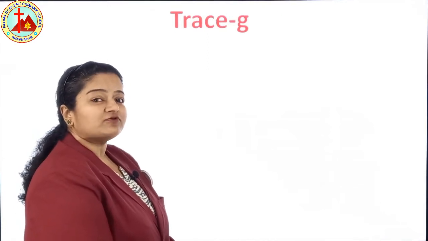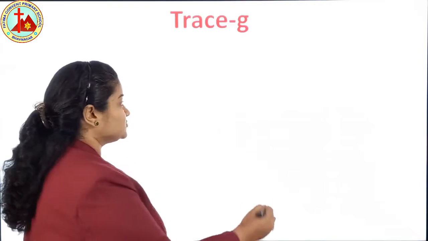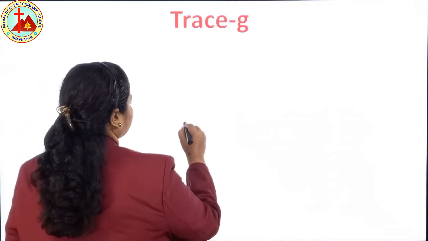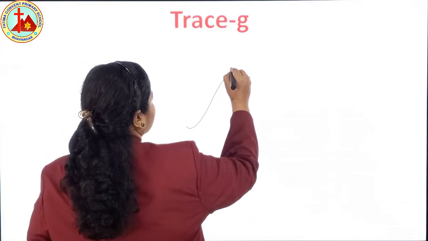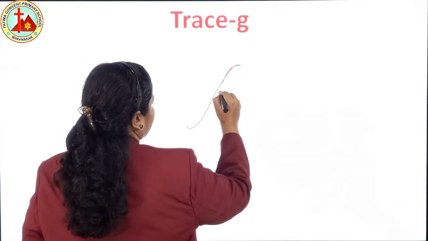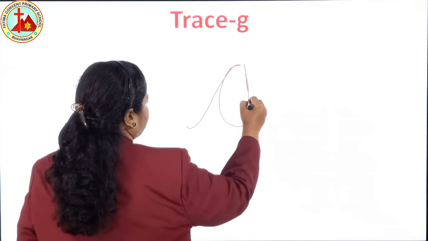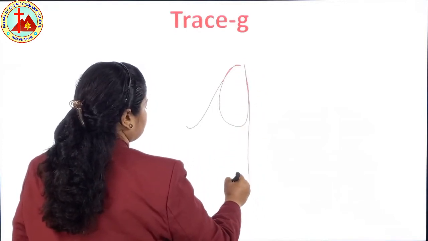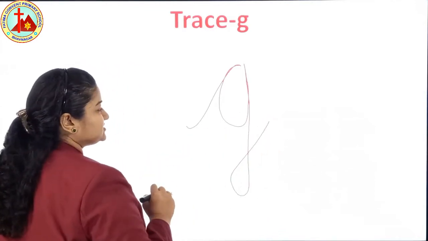First, we have to trace on g. Then we'll learn the correct formation. So, look here. First, you have to start from the down line. And you have to do c. Circle. Come down. Take a turn. And look, that is g.